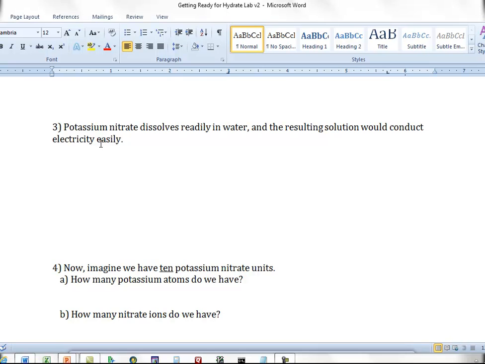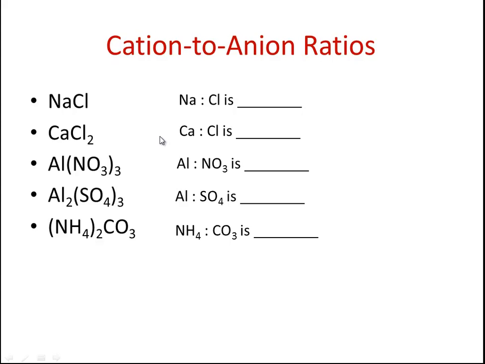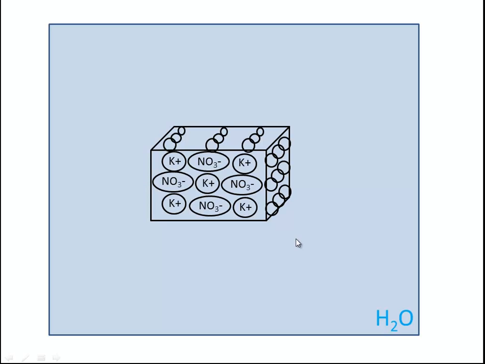Going down, item number 3 here is just talking about the behavior of a lot of ionic compounds in water, and it turns out that a lot of these ionic compounds are pretty soluble in water. Just imagine that we've taken our lattice of potassium nitrate and dropped it into water. That's what this blue background represents.